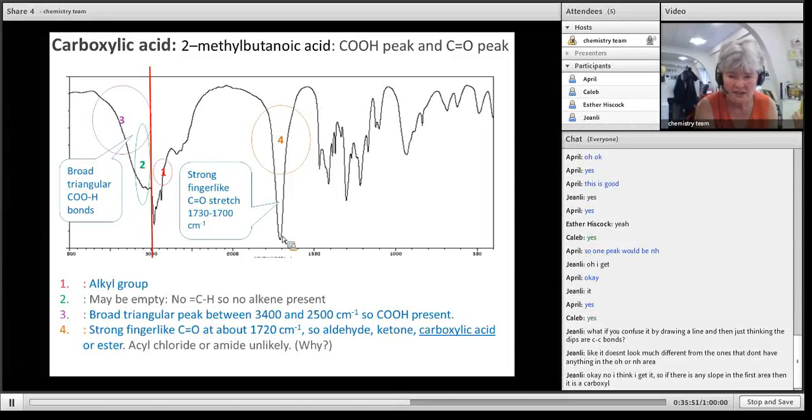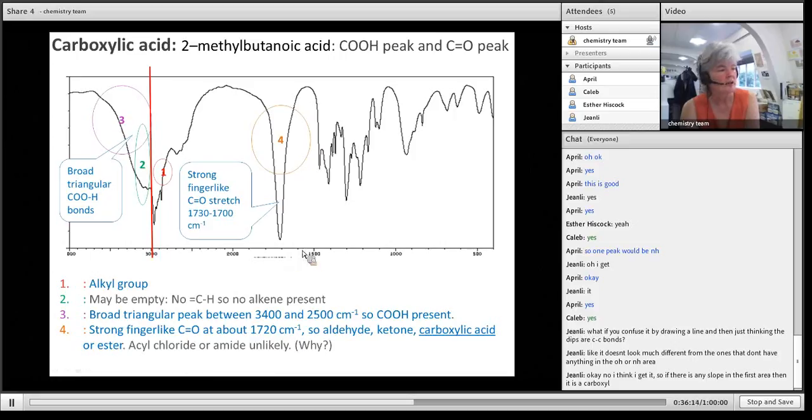The carboxylic acid, an ester, an aldehyde and a ketone tend to be in a similar area, roundabout 1,700, 1,720, 1,730, at the most 1,750. Okay, Johnny, I've got it, yep, okay, right.